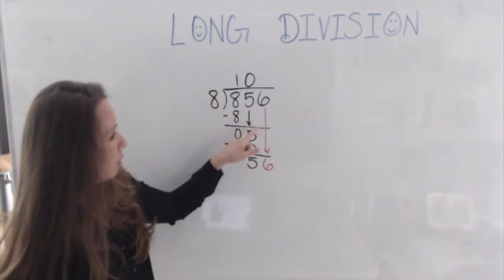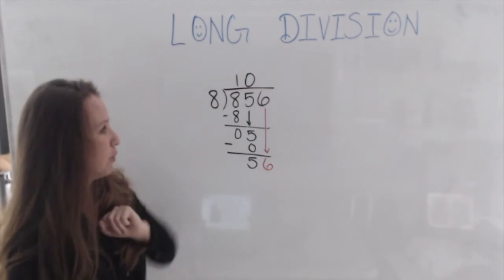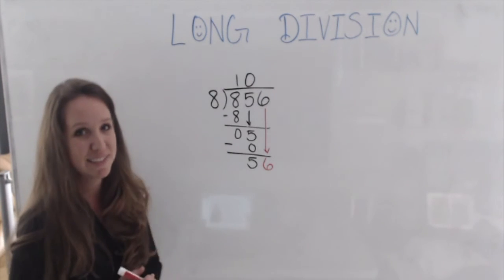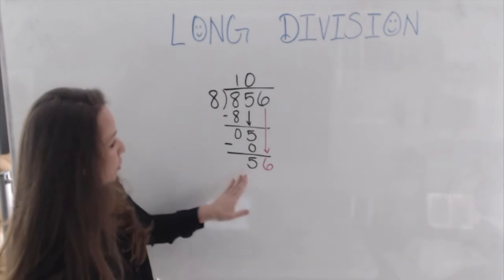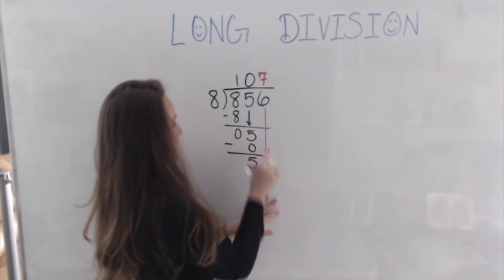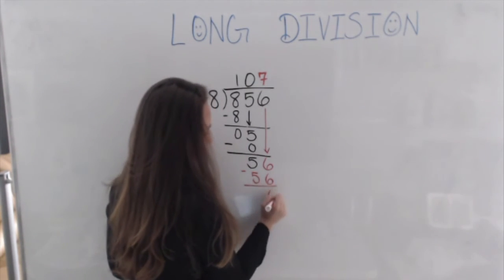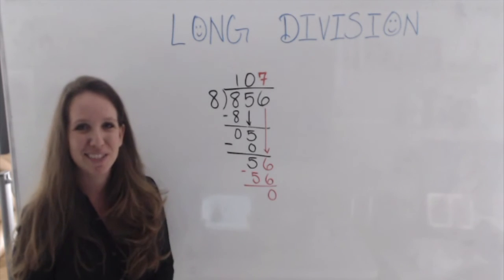Do you see how my arrows don't ever end right next to each other? You need to have that 0 placeholder. You need to take that step. So 8 goes into 56 7 times, because 5, 6, 7, 8. So 56. We subtract, and we have our remainder of 0.